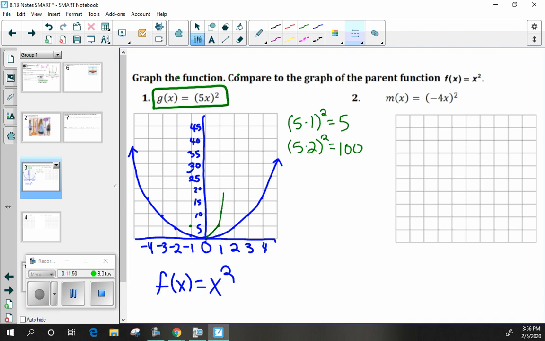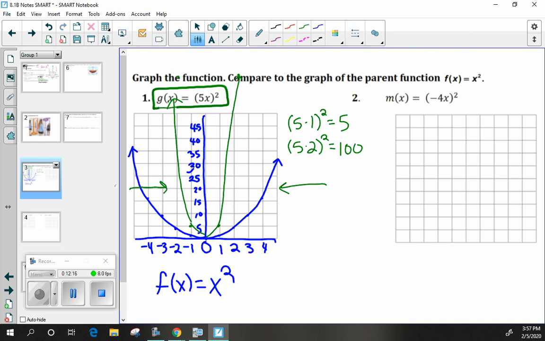So if we draw that graph, it looks more like that. Oops, got that a little wide, sorry. So as we can see, we have done a horizontal compression. Our graph went in horizontally.